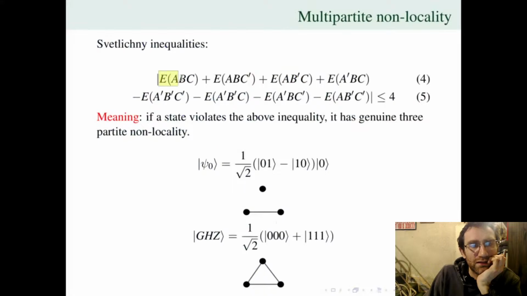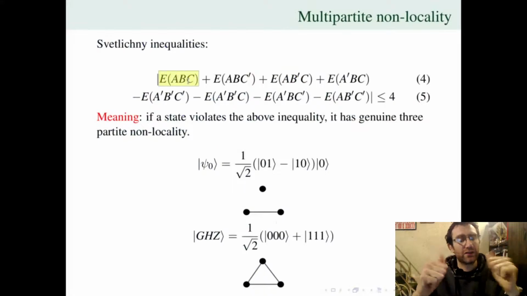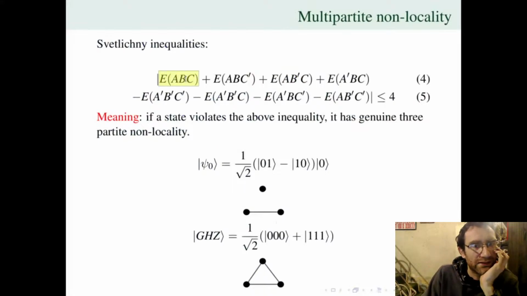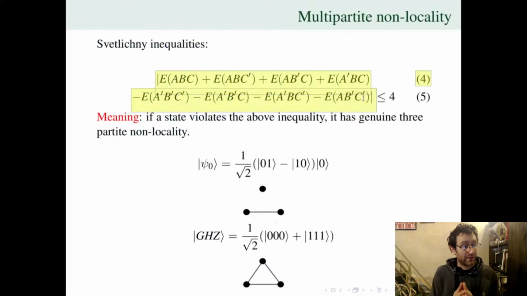You need to select different spin orientations for the three particles, and you need to compute these correlation terms. And out of these correlation terms, you build this quantity. And if this quantity is greater than 4, you can conclude that the system displays genuine tripartite non-locality.